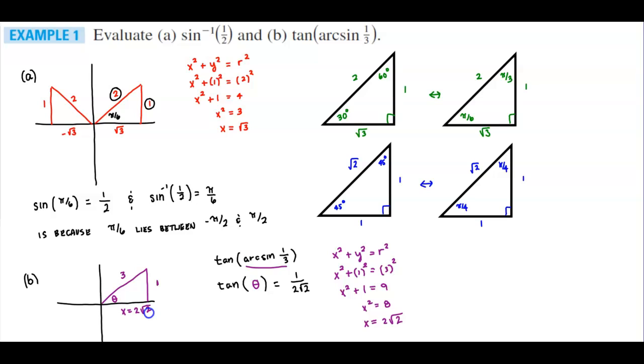And if we simplify that a little further by rationalizing the denominator, we're going to multiply both the numerator and denominator by the square root of 2. So we get square root of 2 over 4. So therefore, the tangent of the arc sine of 1/3 is equal to the square root of 2 over 4.